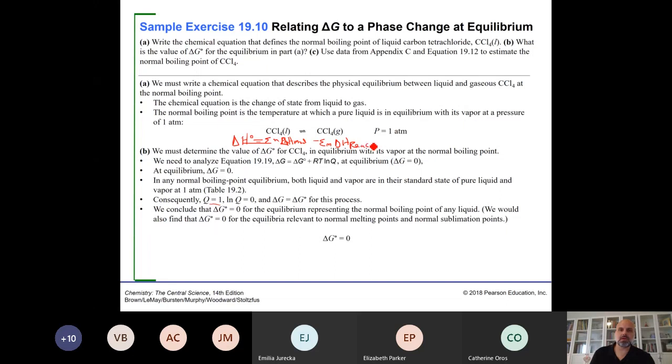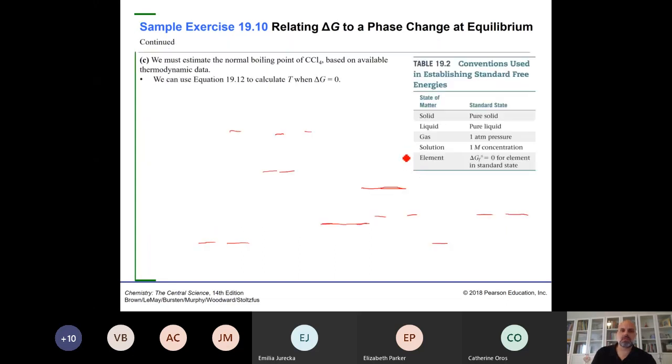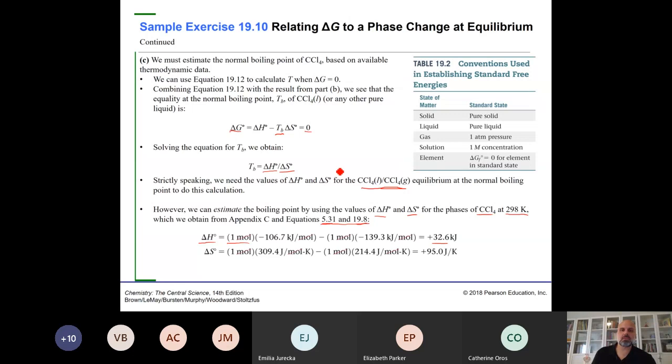That's all that we're doing on this next slide. So we're just simply getting this data from the table. You're able to calculate the delta H for this conversion. And again, we're making an assumption because we're assuming it's 298 Kelvin.